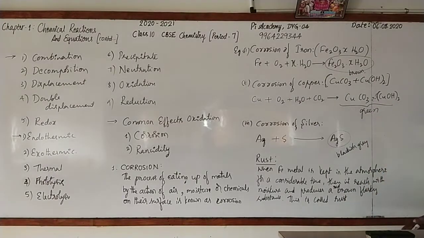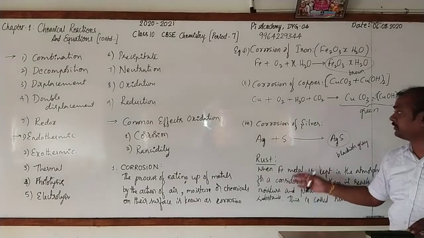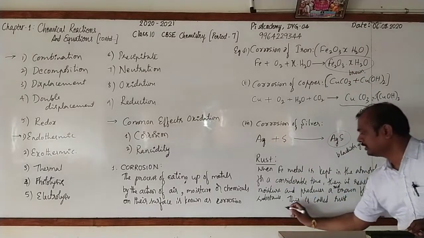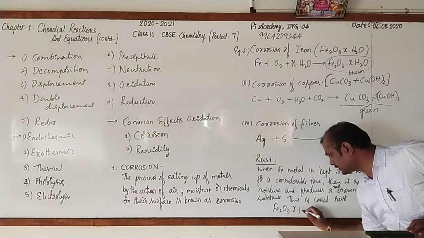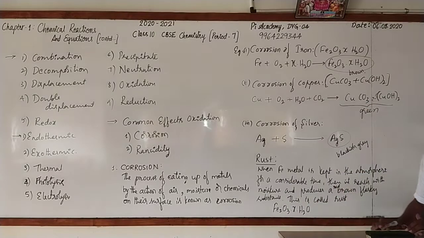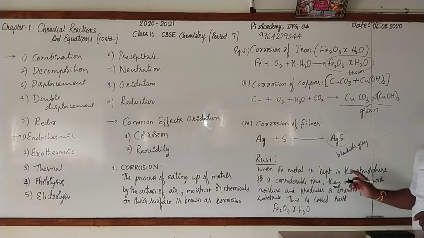And the chemical formula of rust is Fe2O3 x H2O. This is also called hydrated iron oxide.